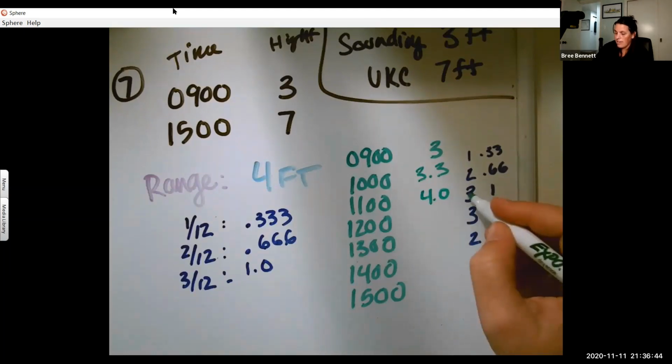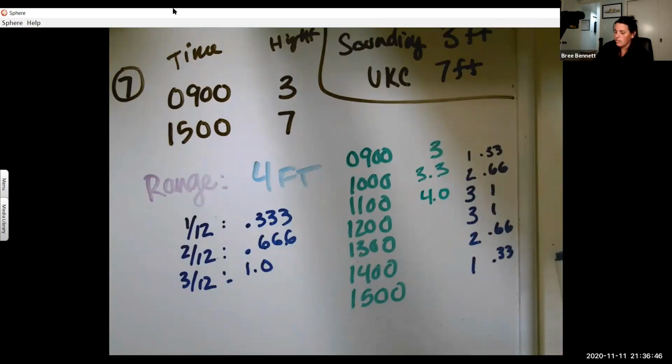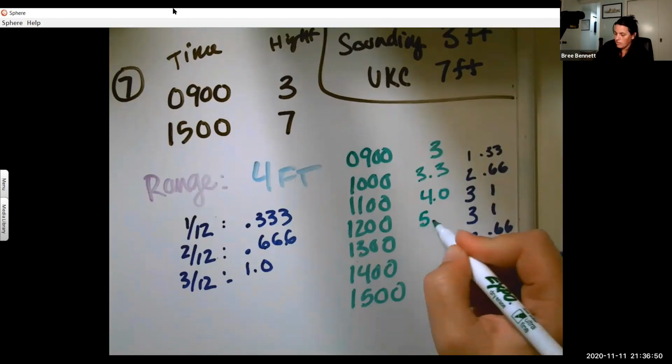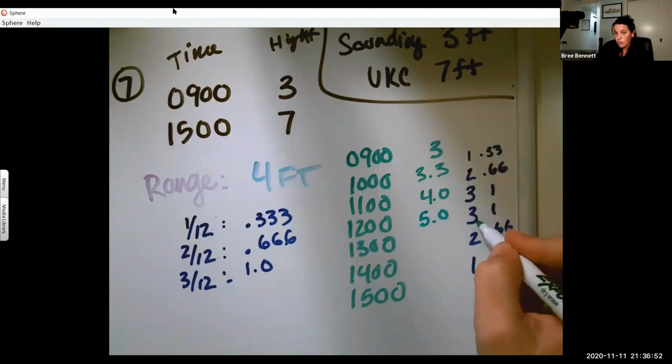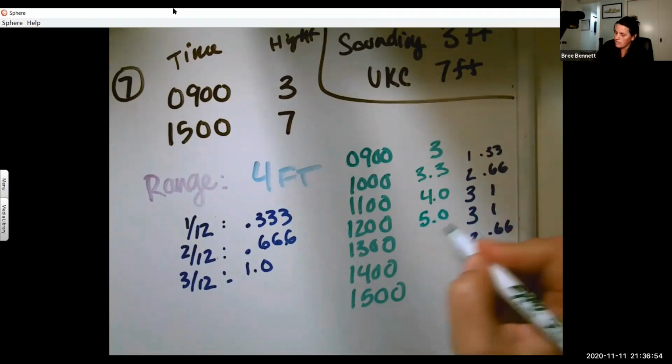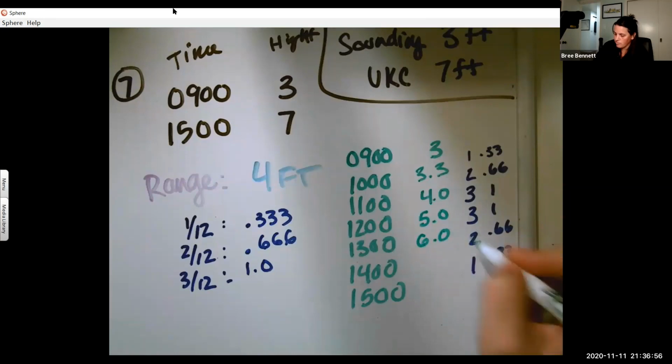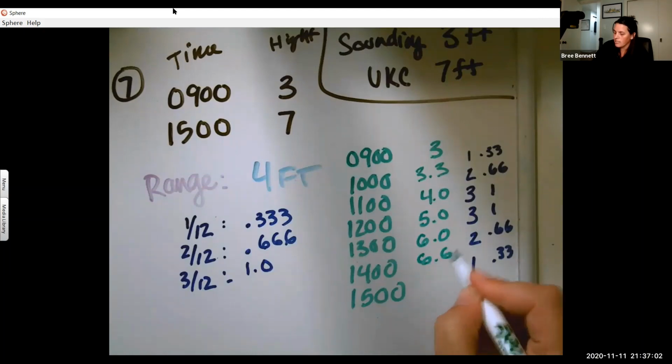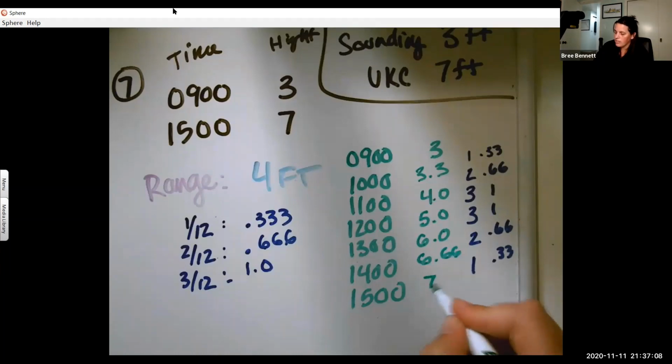Then I'm going to apply my 3/12, which is 1, so then I get 5.0. I do another 3/12, which is 1, so I get 6.0. Then I do my 2/12, so that's the 0.66, so I get 6.66. And then I apply my 1/12, which is 0.33, and I get my 7.0, which checks out.